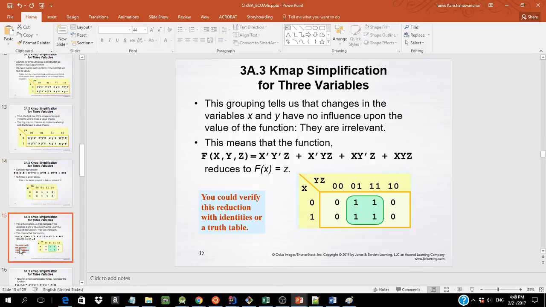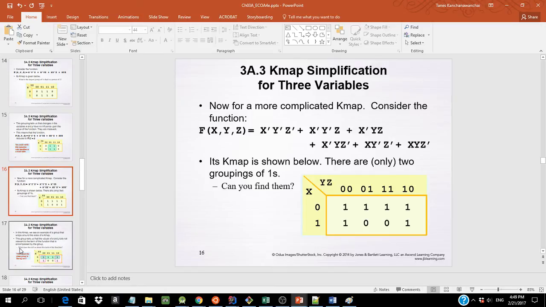So now we have the answer for that. Let's see, this is another example. Let's look at this one. We have x bar, y bar, z bar. That means 000, which is that one, right?